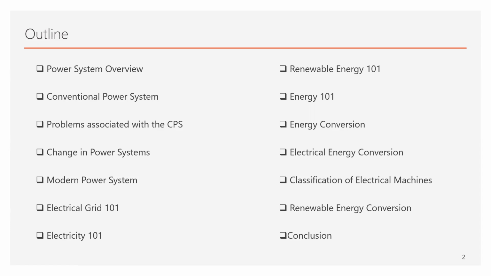Then we will see some instructional videos and animations related to the electrical grid, electricity, and renewable energy, and then I'll be talking about energy conversion, electrical energy conversion, classification of electrical machines, and renewable energy conversion. So these are the outline for today's lecture.